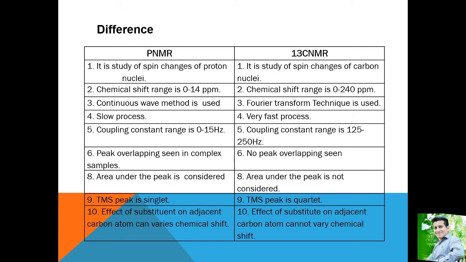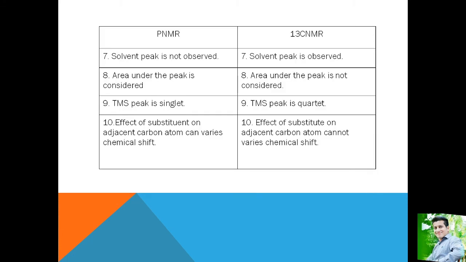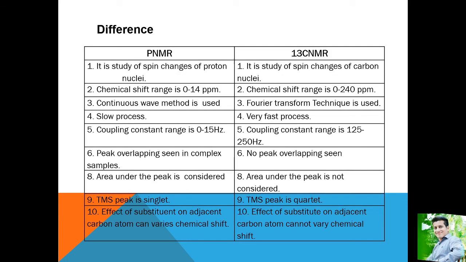So here are some key differences between PMR and 13C NMR. PMR studies the spin change of proton nuclei, and CMR studies the spin change of carbon nuclei.